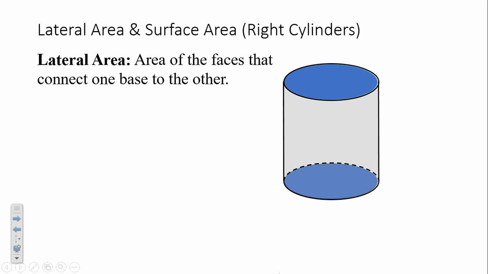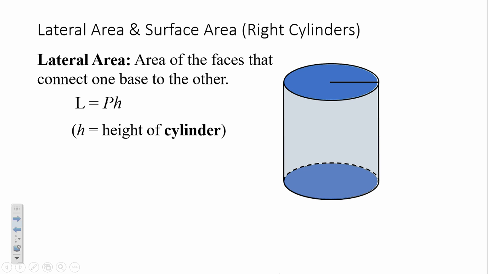So your lateral area is the area of the faces that connect the 2 bases together. It's the label of your can or your bottle. And the formula for finding the lateral area, you can use the same formula that you used for your prisms, but you have to remember what perimeter means.